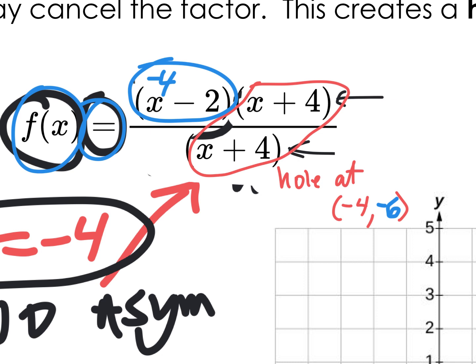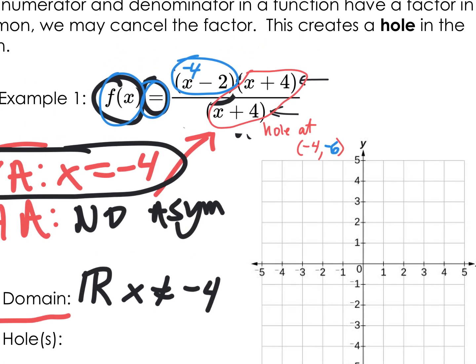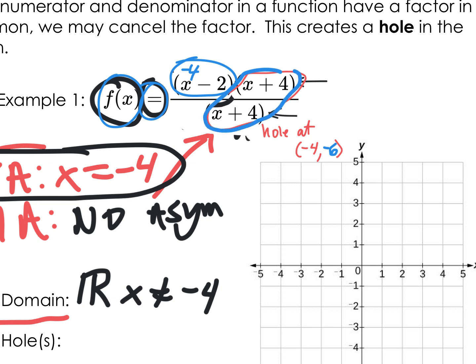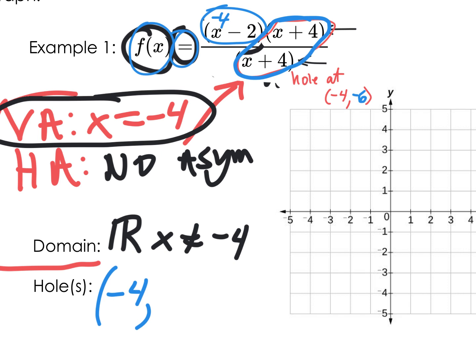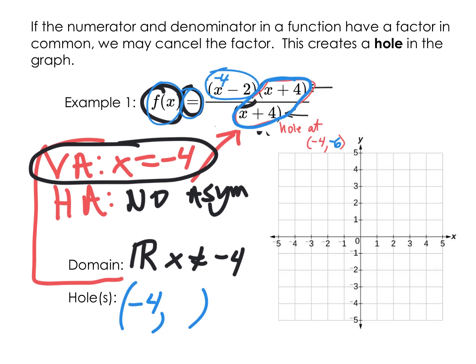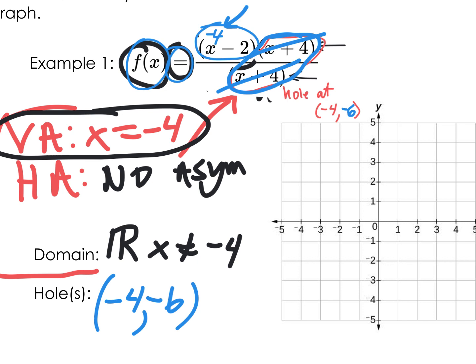This is a very specific spot that is just punched out of your function. All right, so do you get how I got that hole? I got the hole because it's the thing that would cancel, and it's whatever the x of that is, was -4. And then how did I get the y? By sticking that -4 back into the part that didn't cancel. I put it there. And so I got y equaled -6. That's how I got that hole.